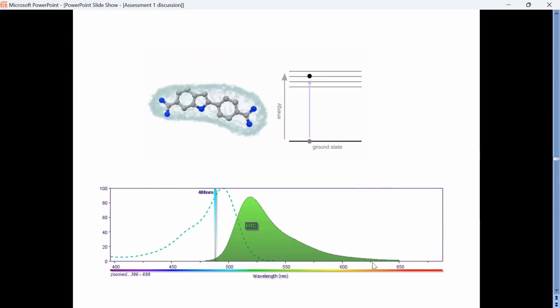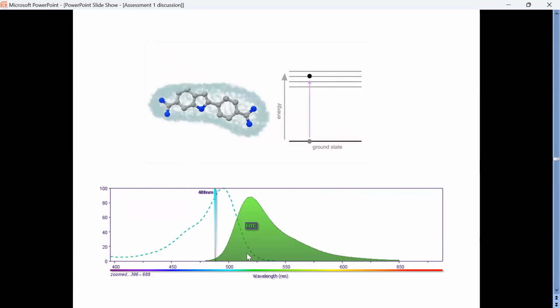This is called the emission spectrum. Spectrum means range. But the maximum emitted light will be at one particular wavelength, in this case 525. That is called the emission maximum. So you know what the excitation spectrum and excitation maximum are, and you also know what the emission spectrum and emission maximum are.